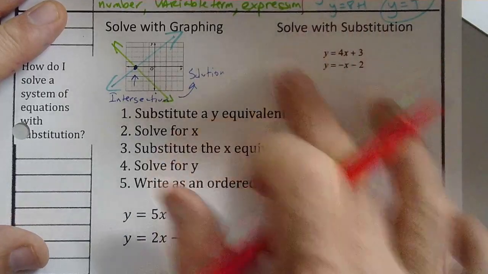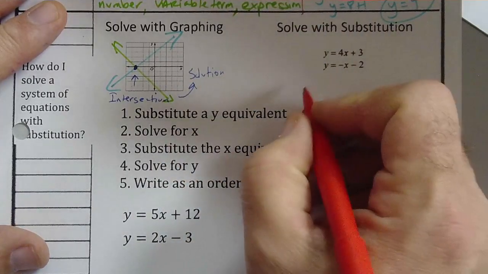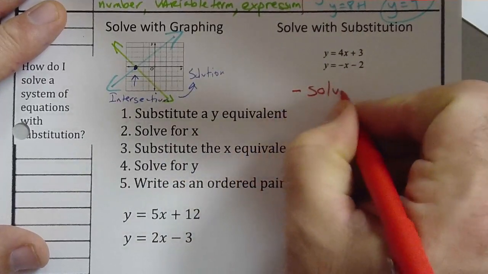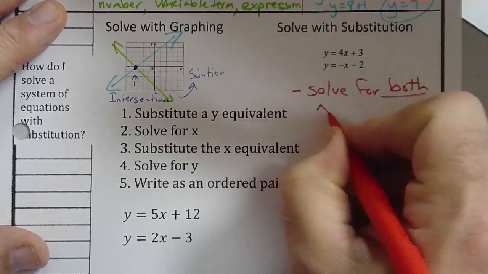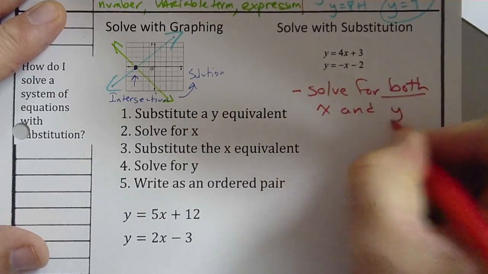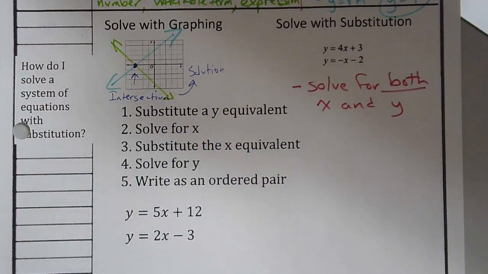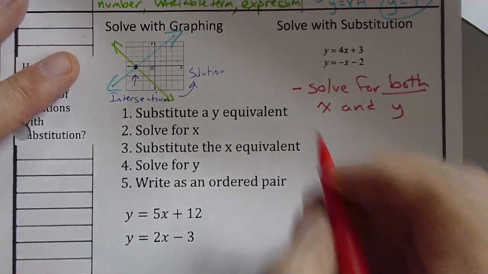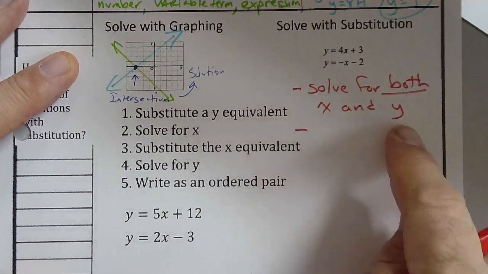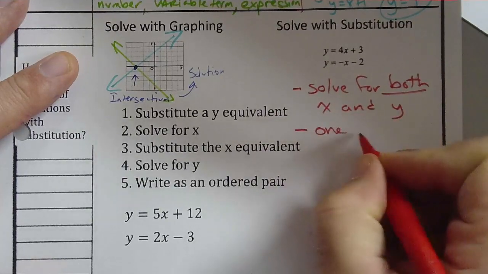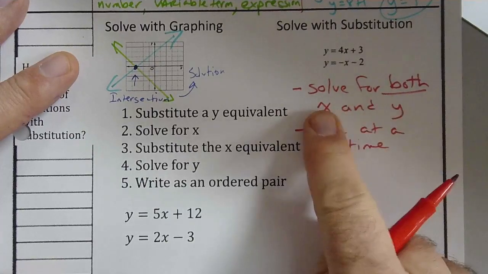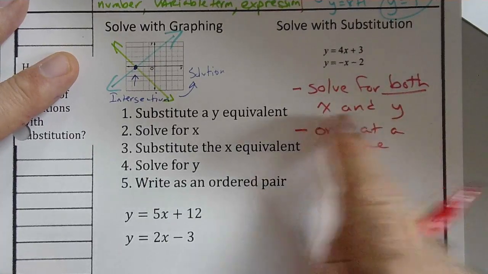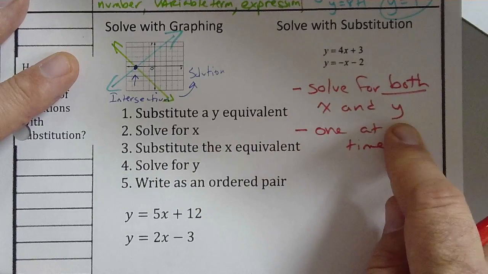So some notes about solving with substitution. First, we have to solve for both x and y. So we're going to work with two different equations. When we solve for both x and y, we have to solve them one at a time. We're going to solve for y and then get x, or solve for x and then get y.